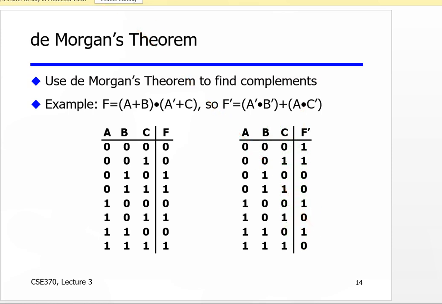So what we need to do, first of all, is find f. So a plus b and c. You know a plus b, then you can find a complement. So if you remember how you can solve it, first of all you need to find a plus b for all values.